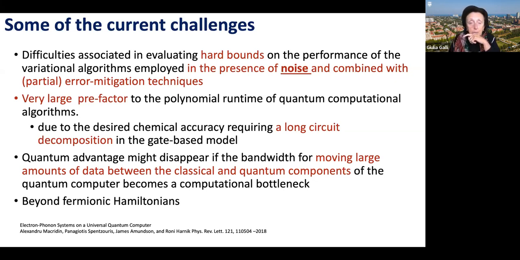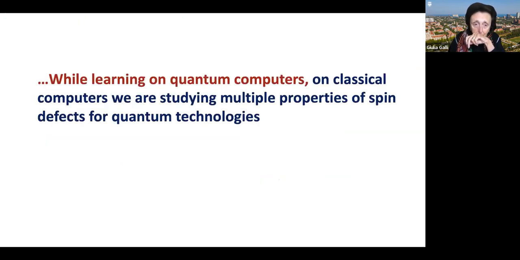So I have, I guess, 2 or 3 minutes, and I want to just tell you what we are doing on spin qubits on classical computers. While we are learning on quantum computers, believing the promise that there will be better scaling algorithms and trying to learn how to attack that, on classical computers, of course, we are putting a lot of effort to study multiple properties of spin defects, the ones that really motivated our quantum embedding theory.